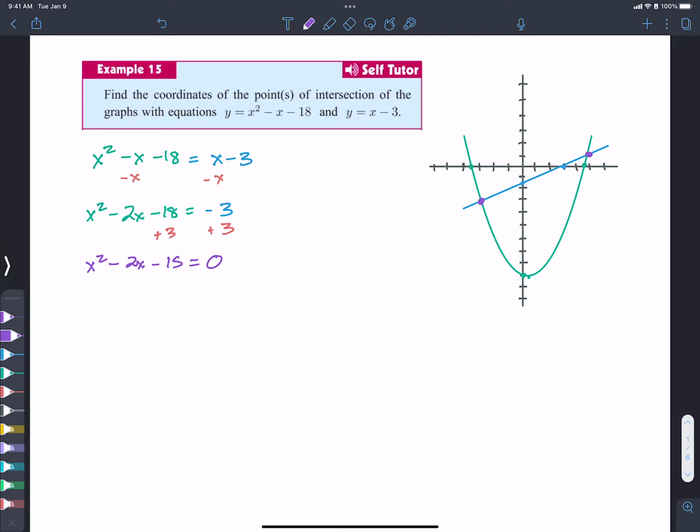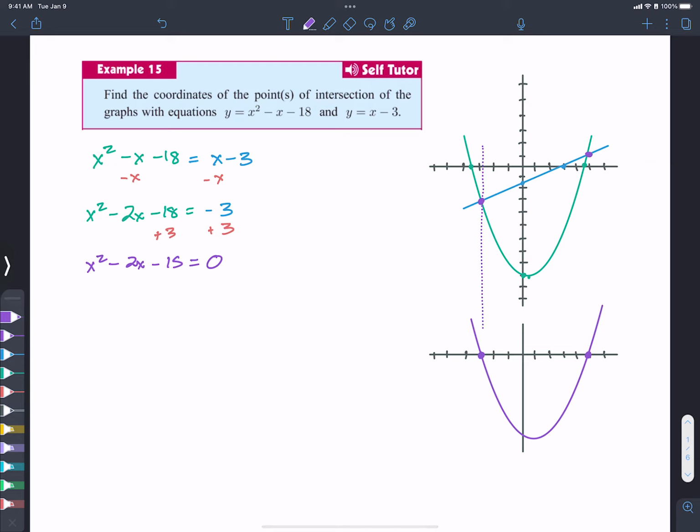I changed colors because I want to distinguish that this equation is finding these points, and essentially what we are doing is finding an equivalent quadratic.